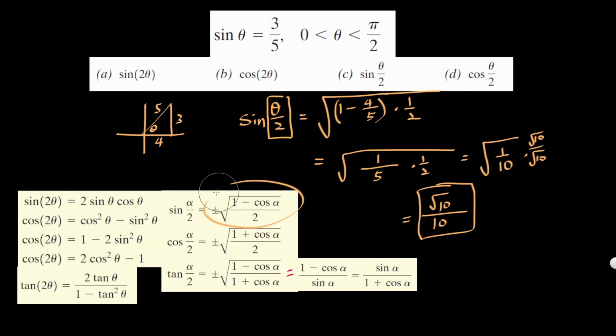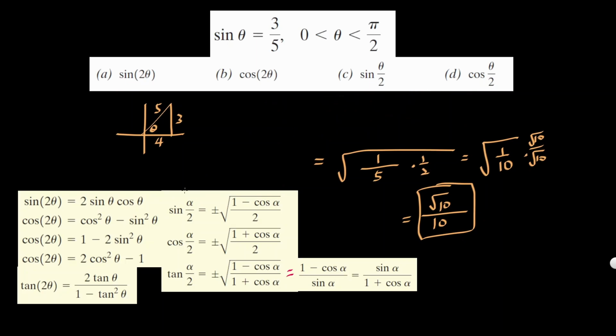Let's do half angle for cosine. So that's going to be part D here. For part D, we have to use the half angle formula for cosine. Again, same idea, theta over 2, so it's from 0, which is less than theta over 2, which is less than pi over 4.